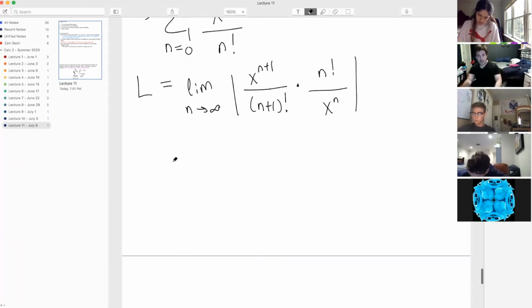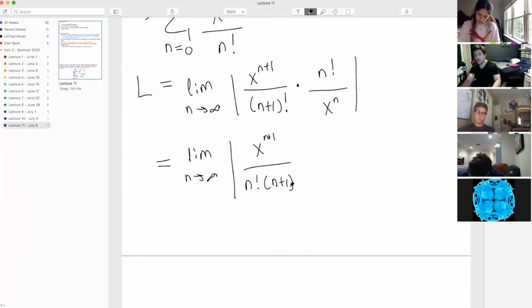Now let me apply that property of factorials to the n plus 1 factorial on the bottom. So this will be x to the n plus 1 power. Now, n plus 1 factorial can be equivalently written as n factorial times n plus 1.